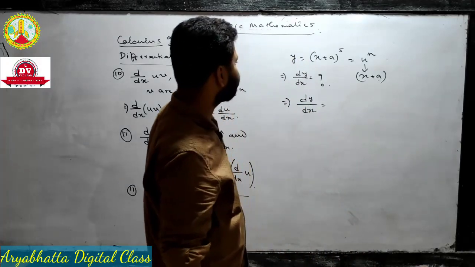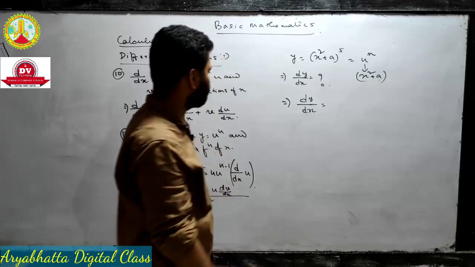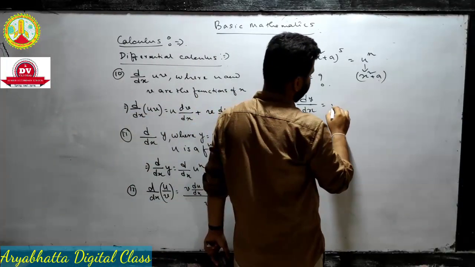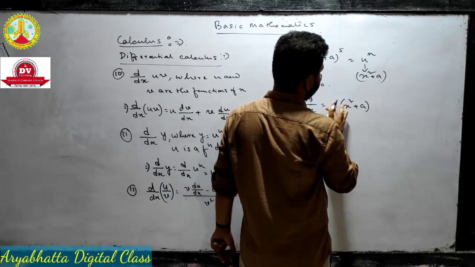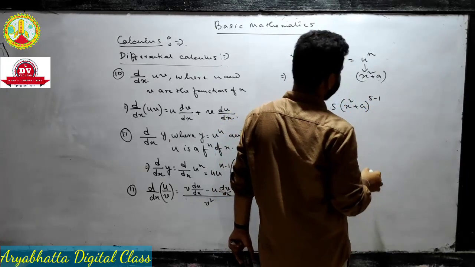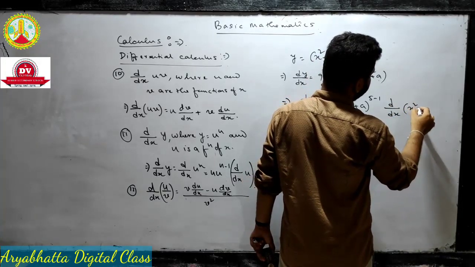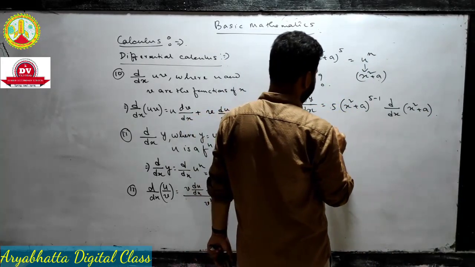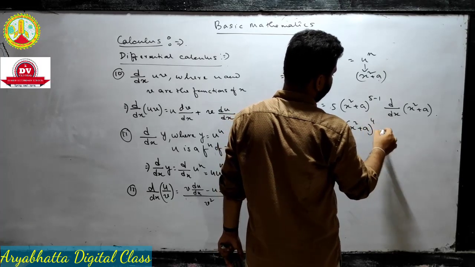So what was the formula? n u to the power n minus 1, times d/dx of u. Here n is 5, so 5 times (x square plus a) to the power 5 minus 1, times d/dx of u, where u is x square plus a. So we write 5 (x square plus a) to the power 4.